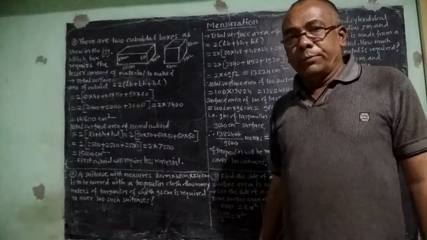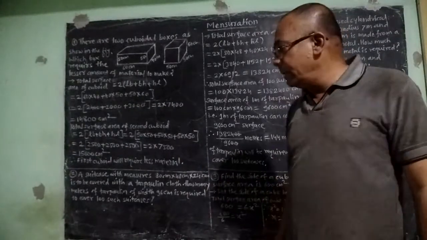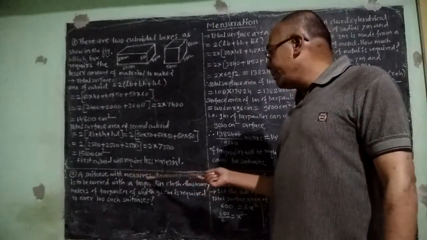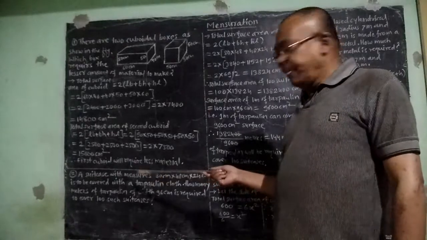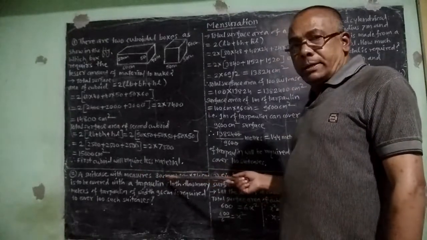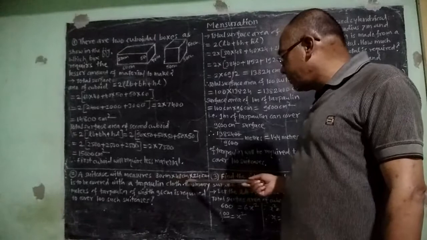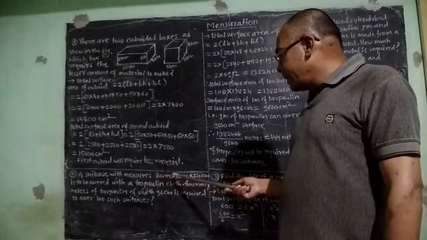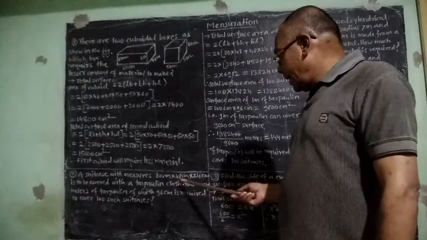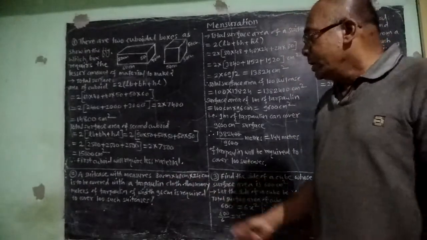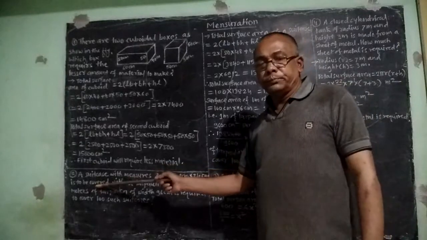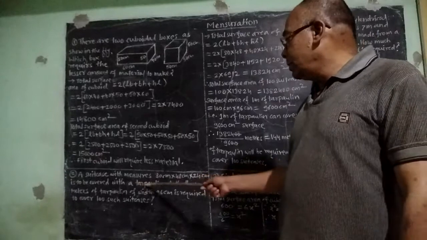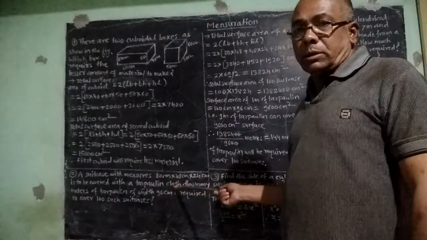Now we have to solve the second example, that is a suitcase with measures 80 centimeter by 48 centimeter by 24 centimeter. That is length is 80 centimeter, breadth is 48 centimeter and height is 24 centimeter, is to be covered with a tarpaulin cloth.